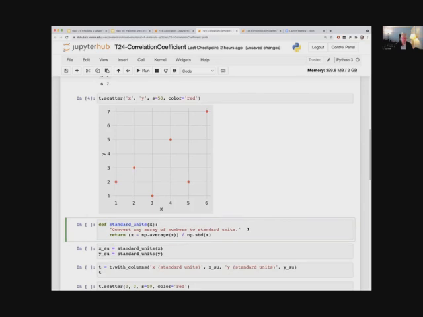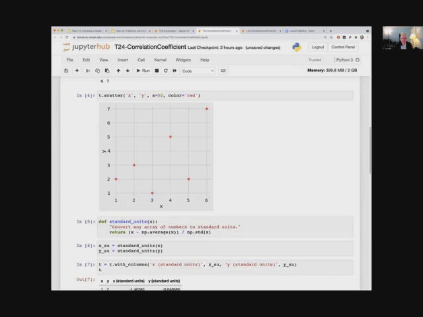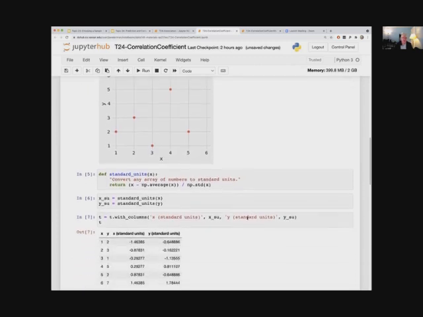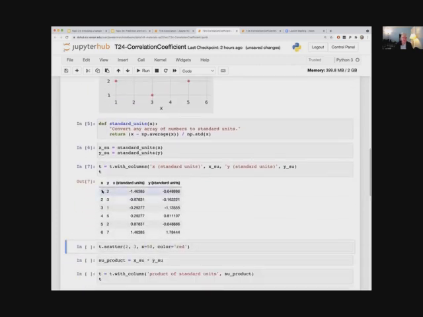So we can just run the same standard units function on our data. Then we have X in standard units and Y in standard units, and we can fold that data back in. So here's our original table X and Y, and here we've just added the columns in standard units.